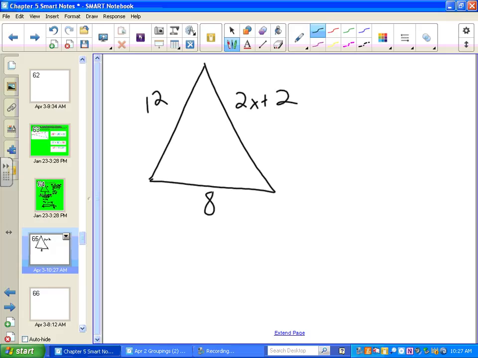Now, this problem is different in that instead of just having x, we now have a whole expression, 2x plus 2, on that side. So, once again, we want to describe the possible values of x. What are some possibilities we have here, Kara?